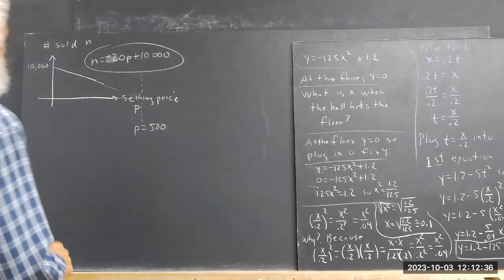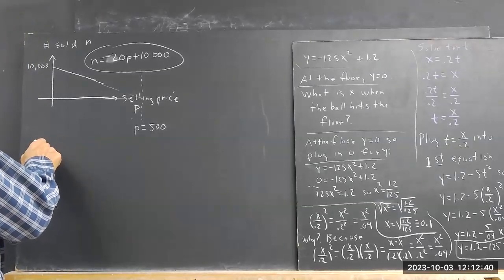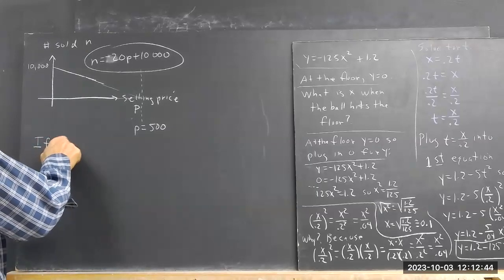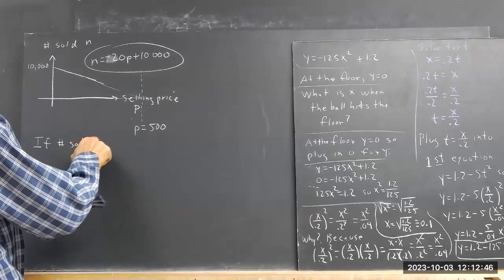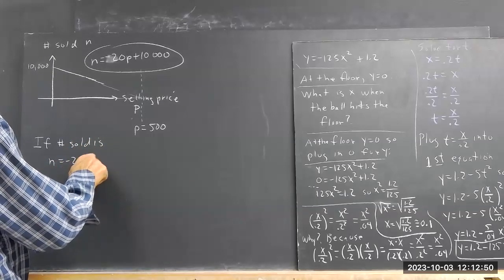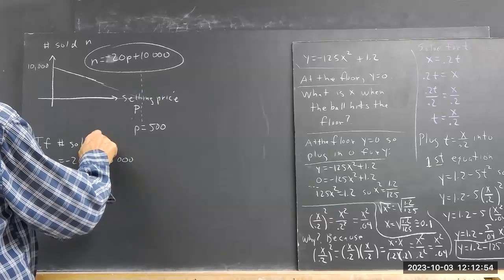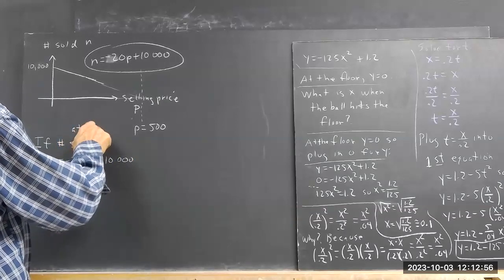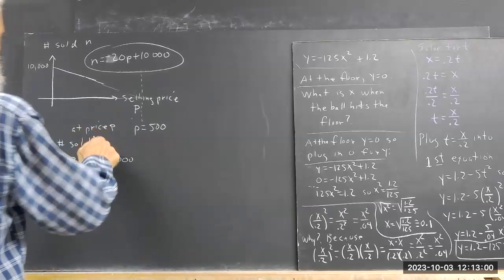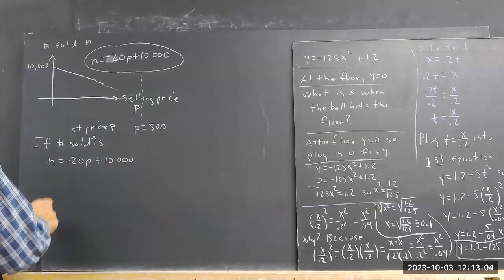Now, if the number sold at price P is this.